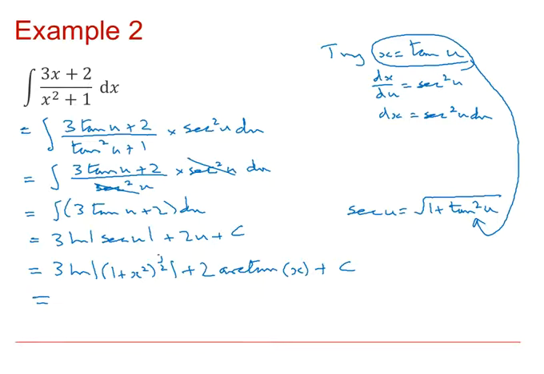And just to tidy this up a bit, I'm going to use my power law to bring this index of a half to the front. So 3 over 2 ln 1 plus x squared plus 2 arc tan x plus c.